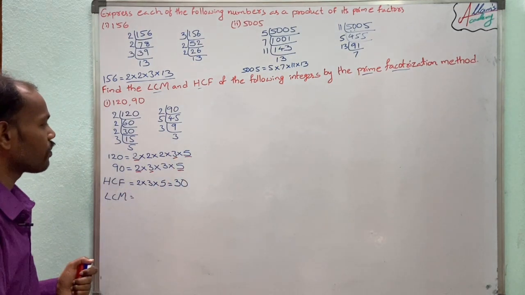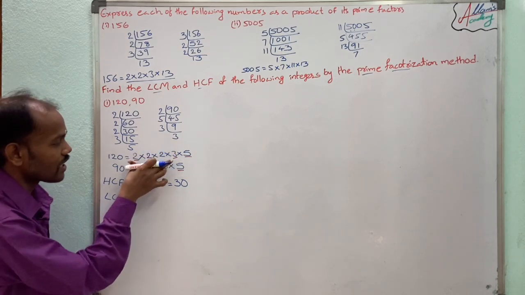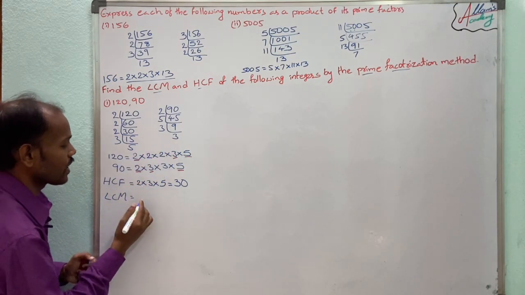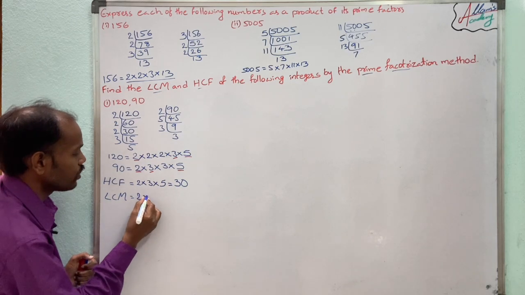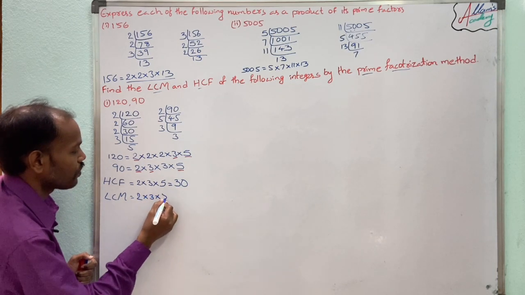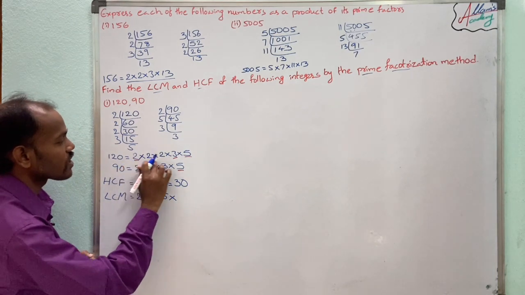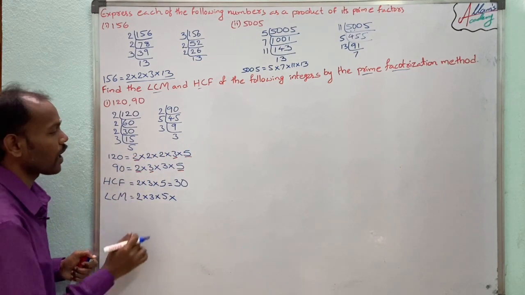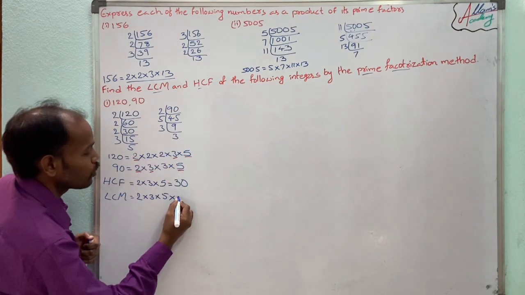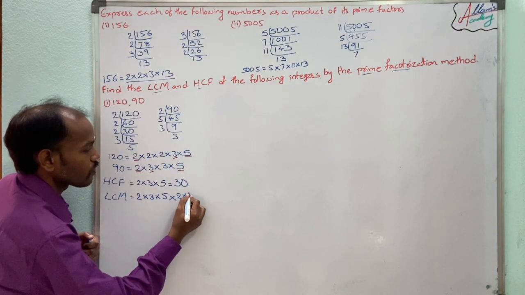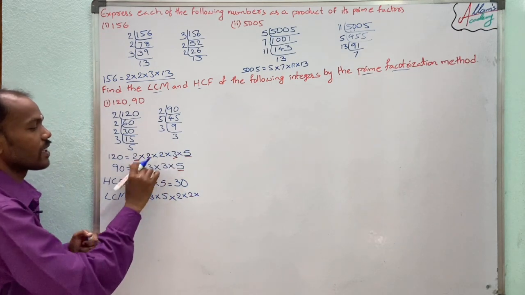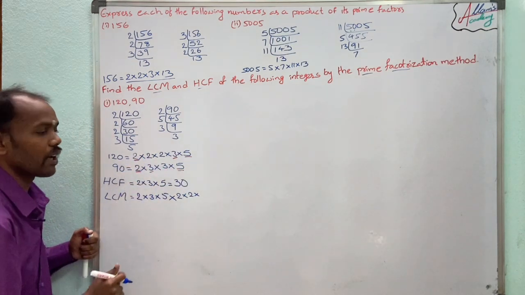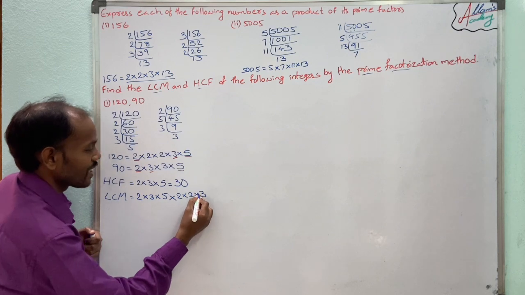Now LCM finding. Now the HCF pair that we take is 2 into 3 into 5, and in the first number the remaining prime factors are 2 into 2, and in the second number the remaining prime factor is 3.